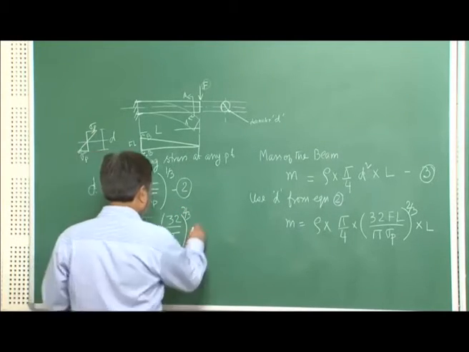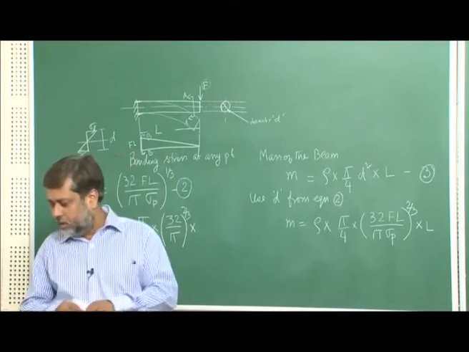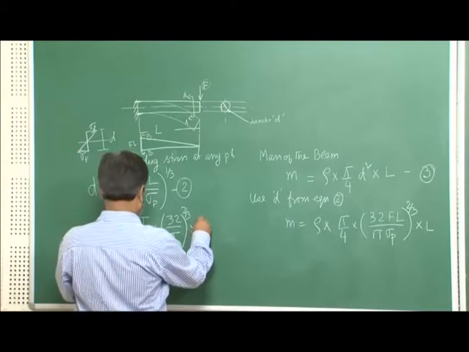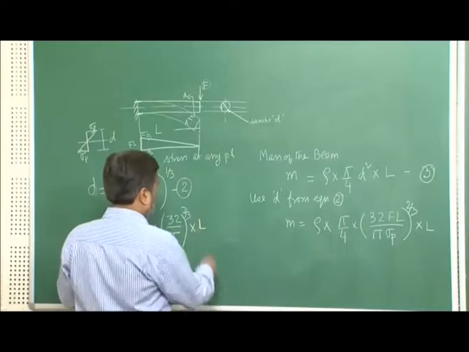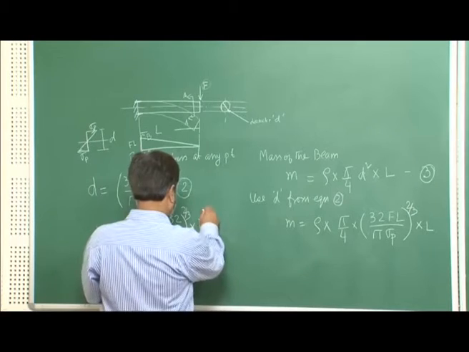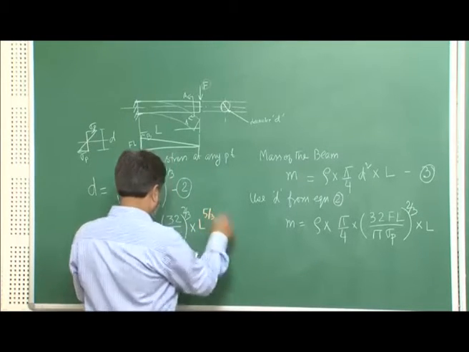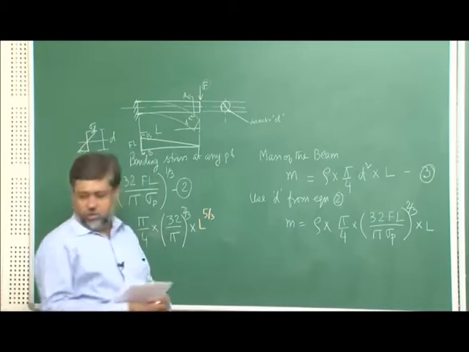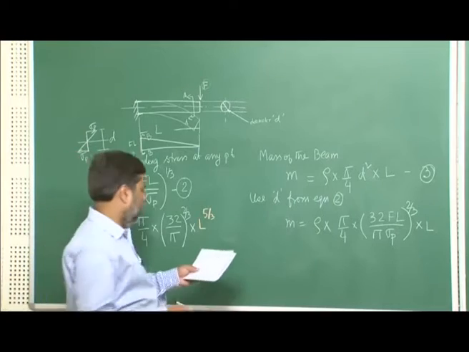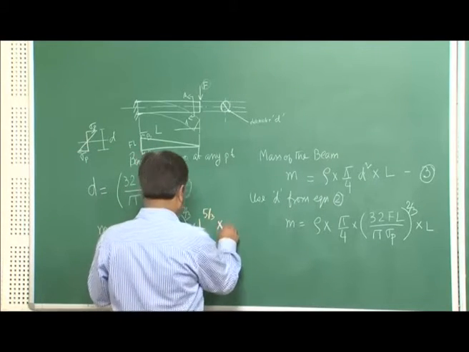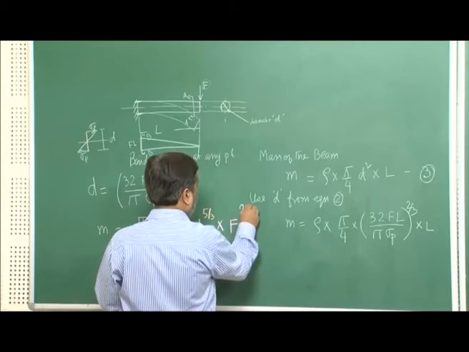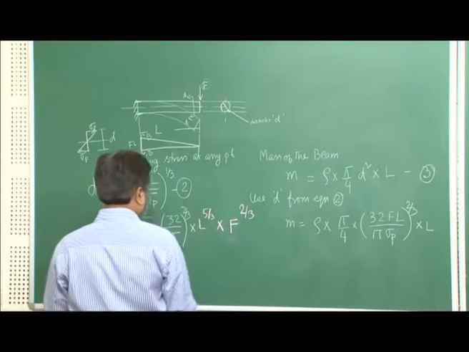So, this is one part, multiplied by, let us choose another color, L to the power 5/3, which is the geometry part, and then, in another color, the functional part of the system, F to the power 2/3.